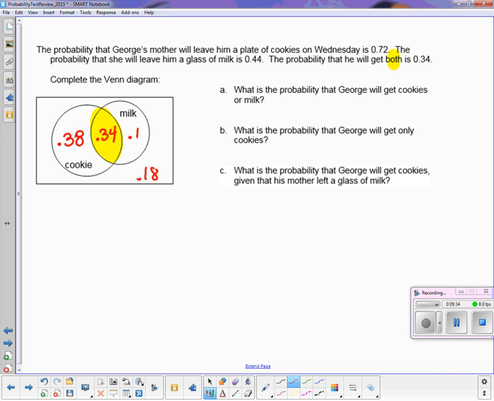Now, if we're going to simply only use our Venn diagram to answer these questions, that is perfectly okay. You're just going to show me that's what you did. So in part A, if I'm using only the Venn diagram, which I see most of you use the formula, perfectly okay. But what numbers am I adding together from the Venn diagram to answer question A? How'd you get that?